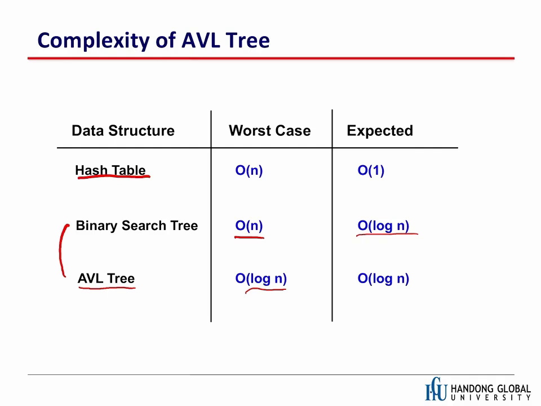If it breaks the constraint, then we have to rotate. But the rotation operation takes just constant time. We just change the pointers. So in big O notation, when we talk about time complexity, we just ignore that. So the AVL tree is better than the binary search tree in general.